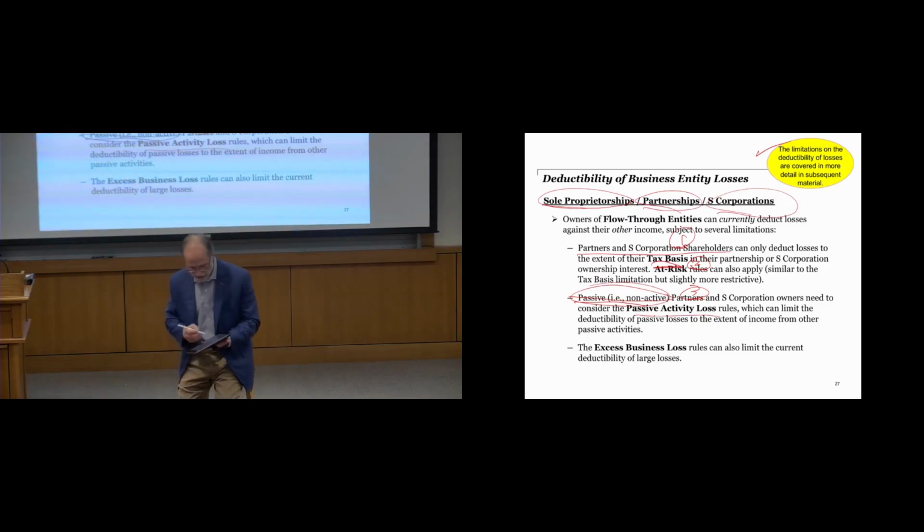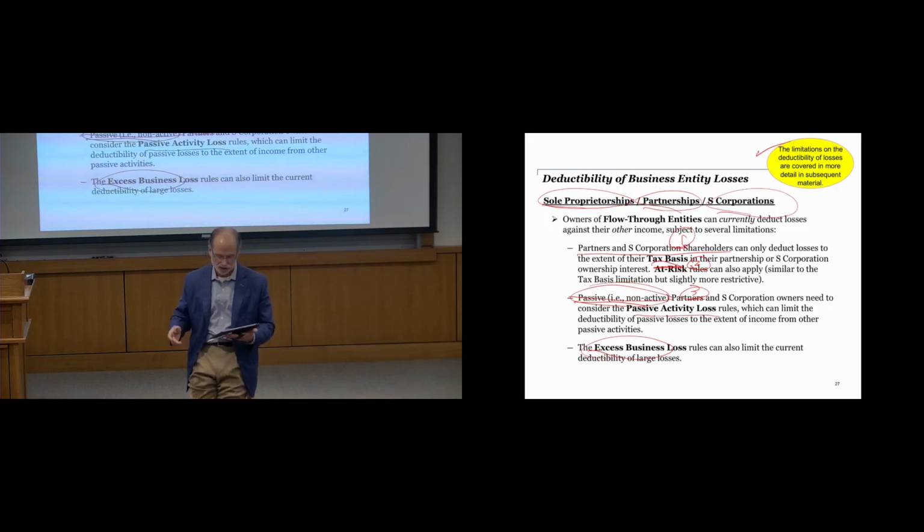Okay. And then finally, we have an overall reduction. This one I spike out because the threshold is extremely high. The hurdle is very generous here in how much loss, but it's called excess business loss, which can limit the current amount of deductibility of losses.